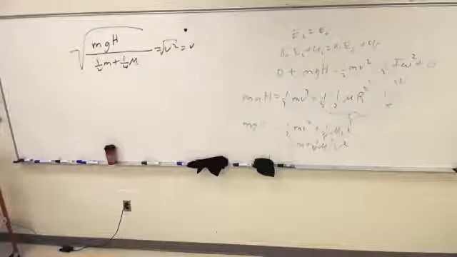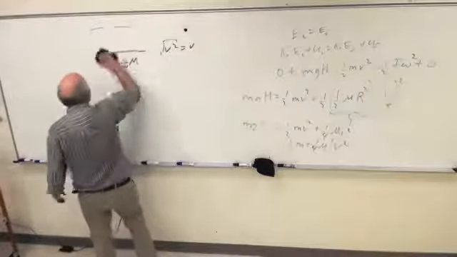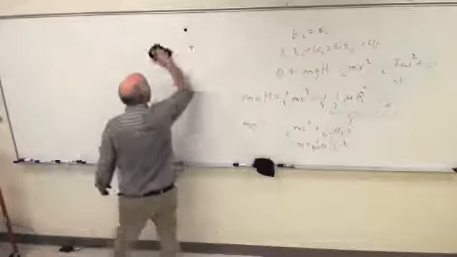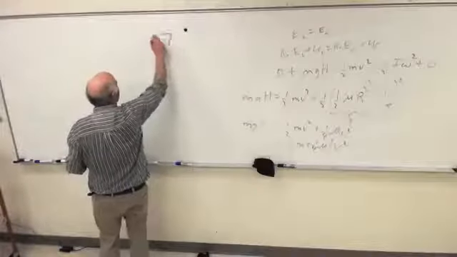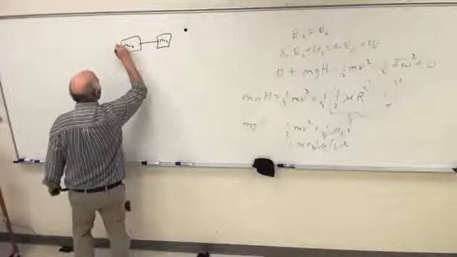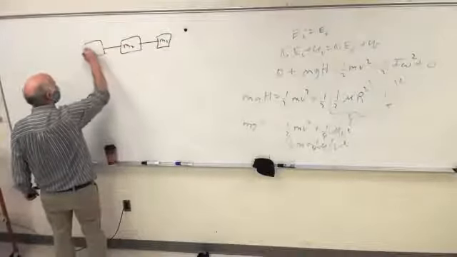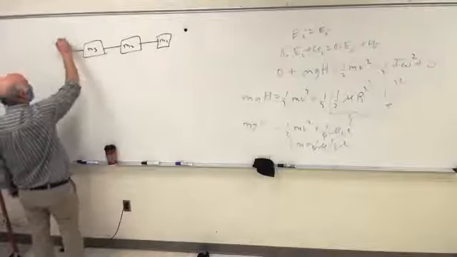The first one, with the tension and the 3 blocks being pulled by 1 string. So here's M1. Are they all different masses? It doesn't mention anything. There's no friction, but it doesn't say anything about the mass.